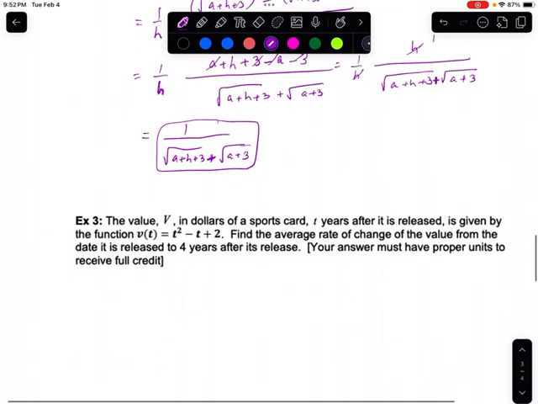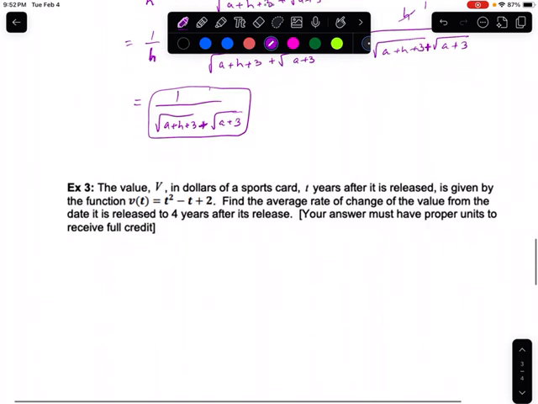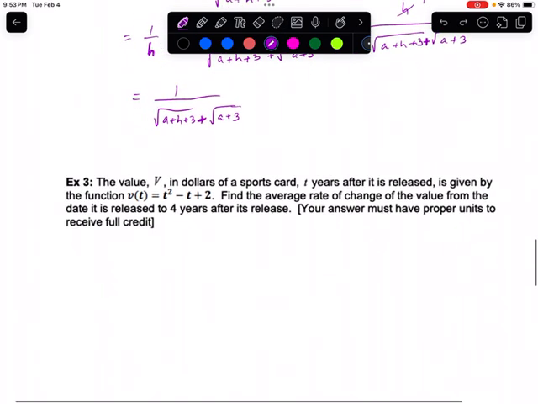Okay, looking at the next one, this is like an application problem. The value V in dollars of a sports car, t years after it is released, is given by the function V of t is t squared minus t plus 2. Find the average rate of change of the value from the date it is released to 4 years after its release.